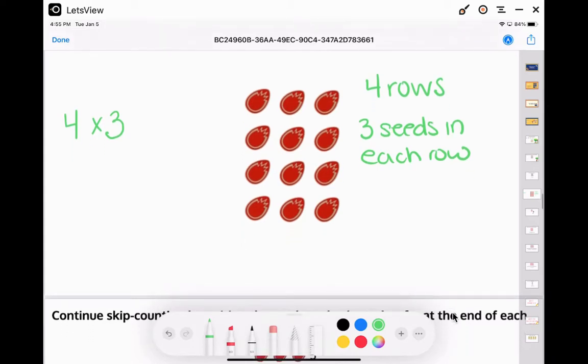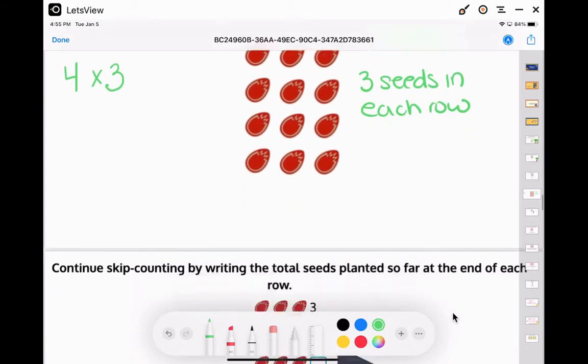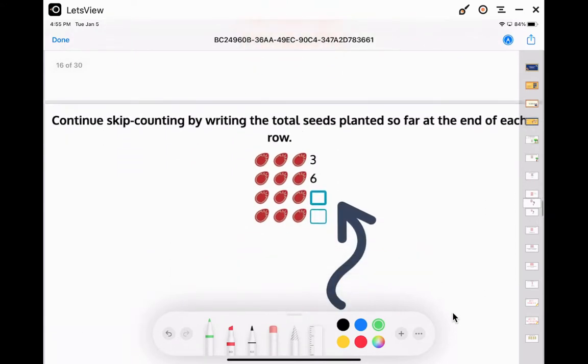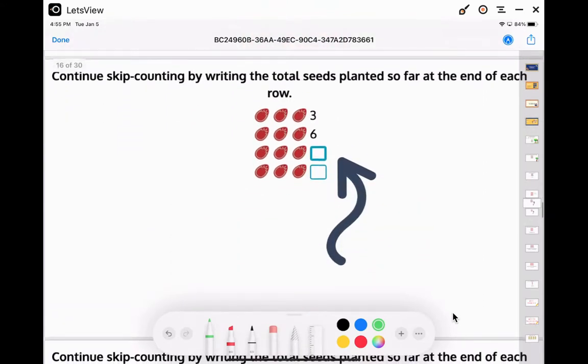Let's talk about how we would figure out how many seeds we have in all. We can figure out how many seeds we have in all by skip counting. Use your skip counting to tell me how many seeds are in the third row. The third row is the row that I have just circled.